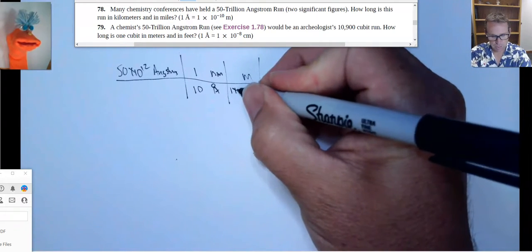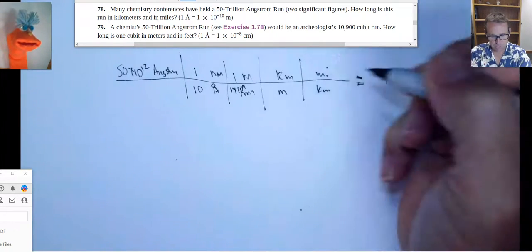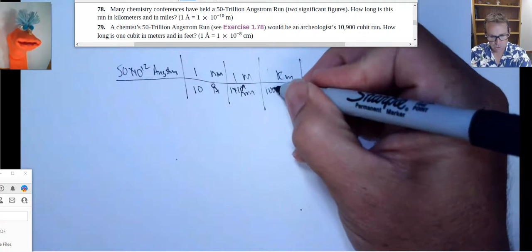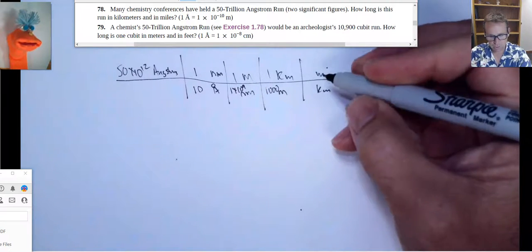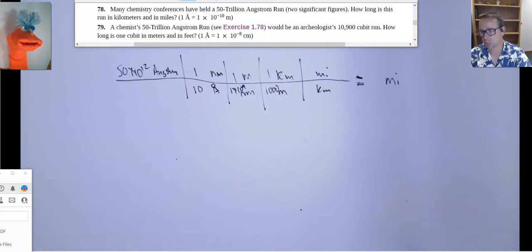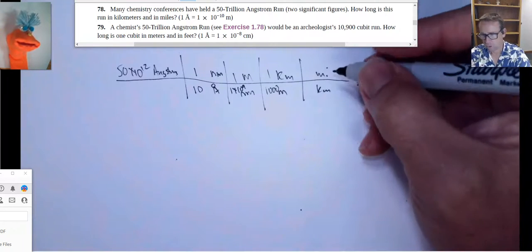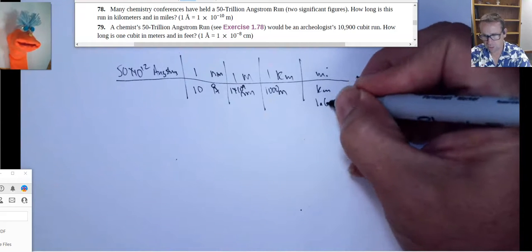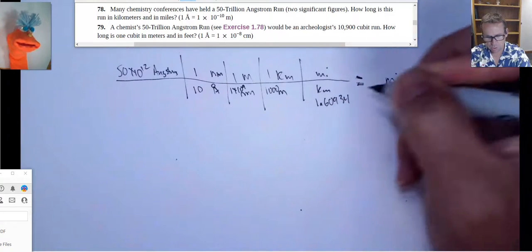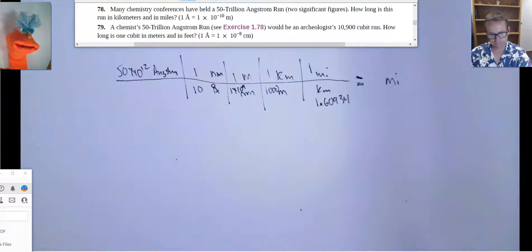So there's 1 times 10 to the 9th nanometers for every meter, 1,000 meters for every kilometer. How many kilometers per mile? To convert from miles to kilometers, multiply the unit of length by approximately 1.61. 1.60934 kilometers for every mile.